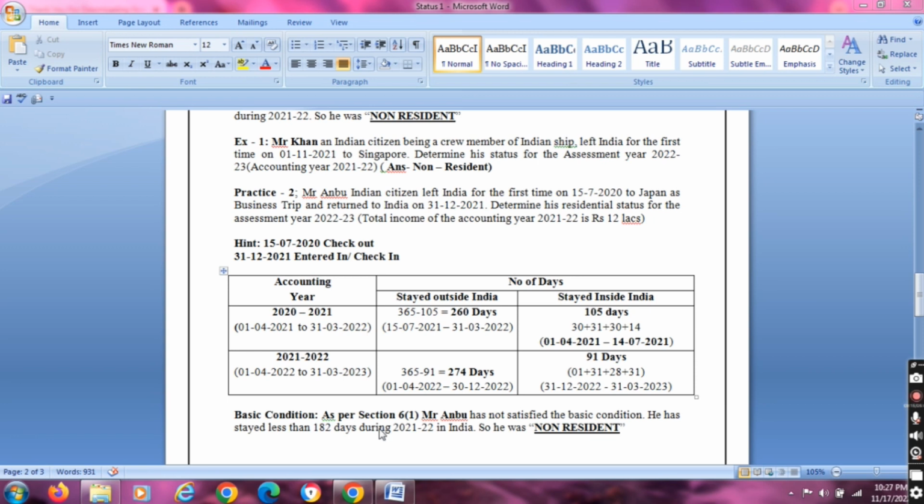Shall we go for the timeline? On 15/7/2020, check out. On 31/12/2021, entered in. Based on that, we have to draft a table like this, by accounting year.